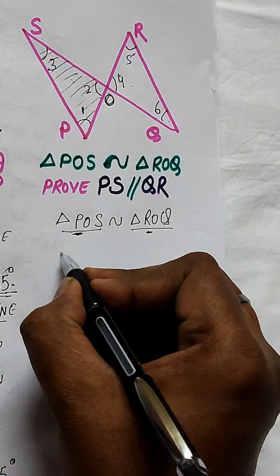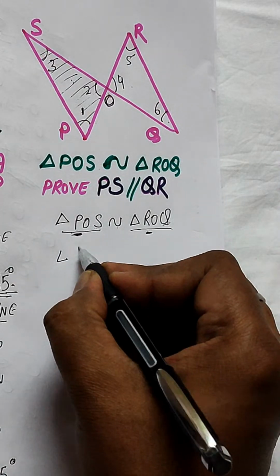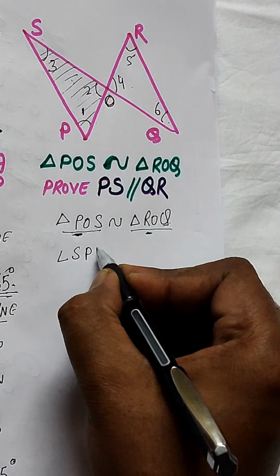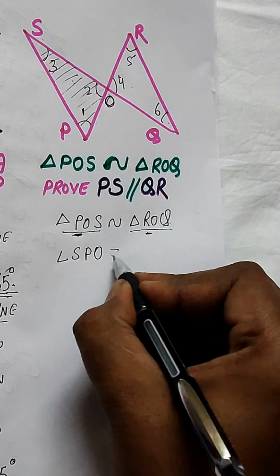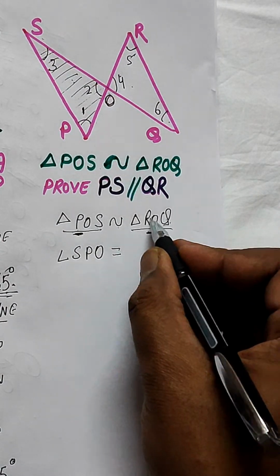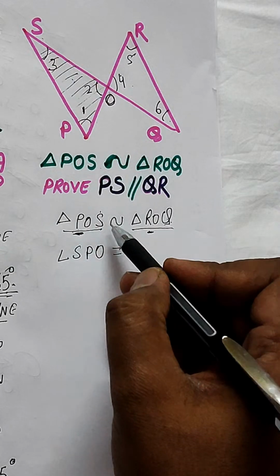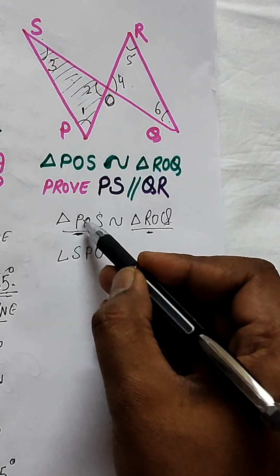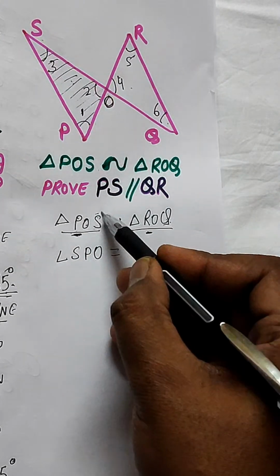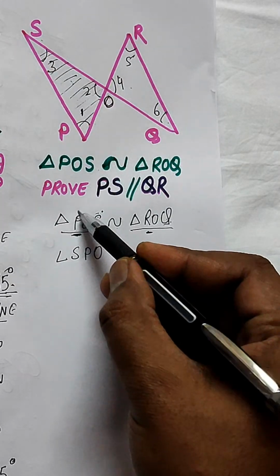How? Let us see. We can write angle SPO is equal to angle QRO. You just see the sequence in which I am taking SPO: first the last letter, then the first, then the middle.